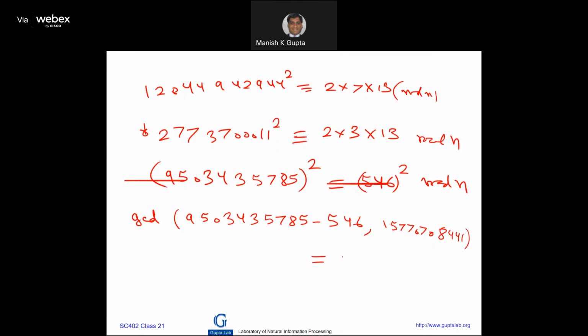This GCD turns out to be 115759. So basically, using this factor base method, we can actually go for finding higher values of such pairs and then just compute the GCD to find the value. Okay.